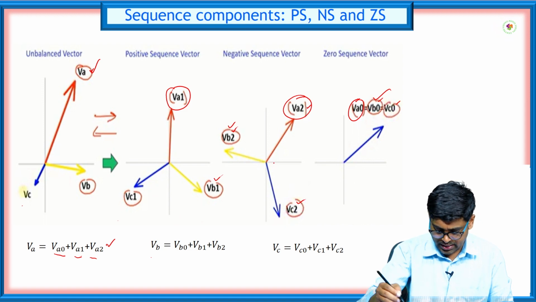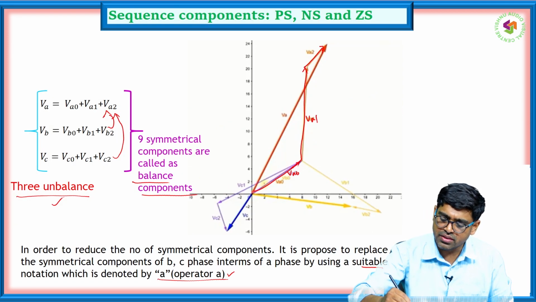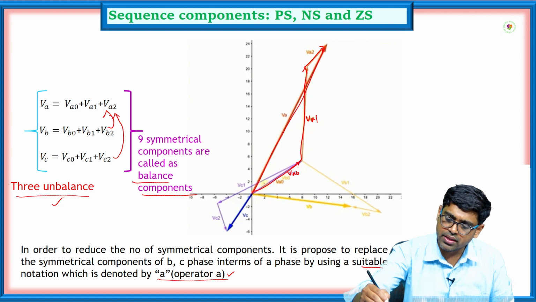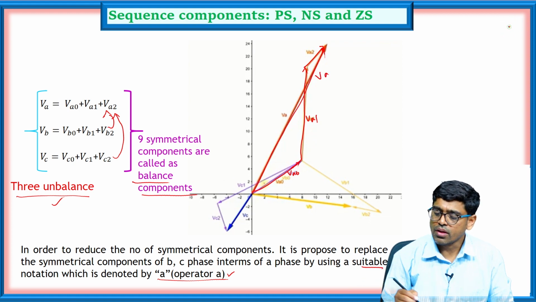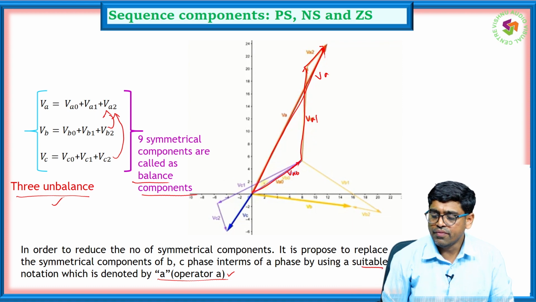VA0 is this vector. Next is VA0 plus VA1, and VA1 is like this. After VA1, we add VA2, which is a vector like this. So the sum of all these three is your VA. VA0 plus VA1 plus VA2 is nothing but VA.